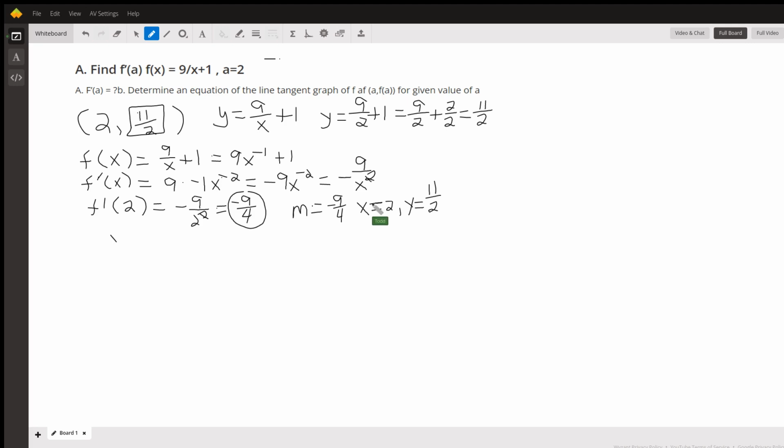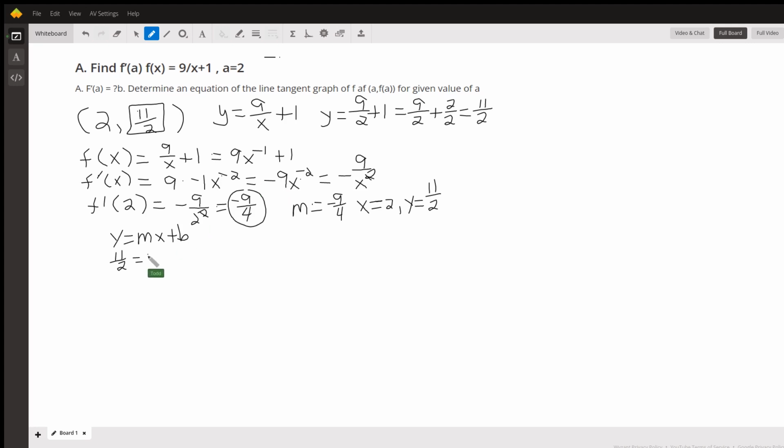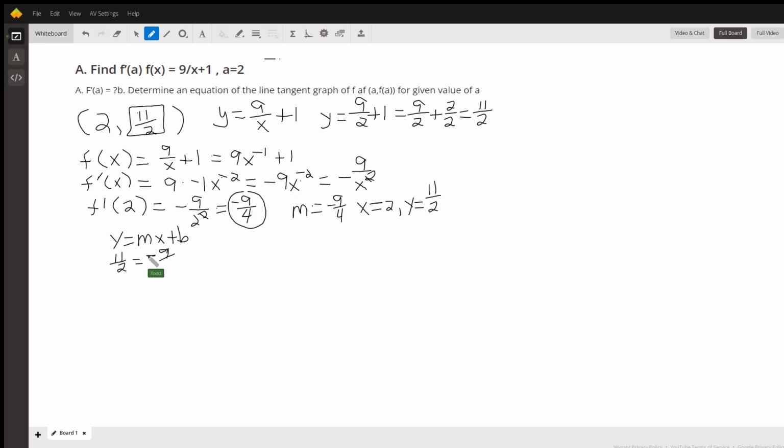So y equals mx plus b. I'm going to put 11 halves in for y, negative 9/4 in for m, and the x value is 2.